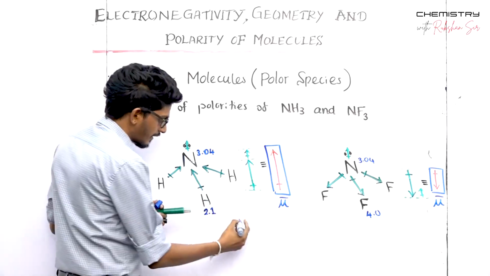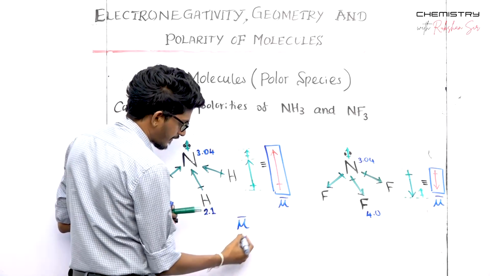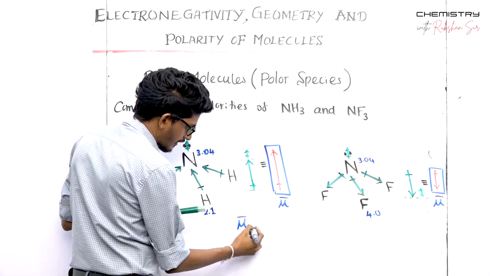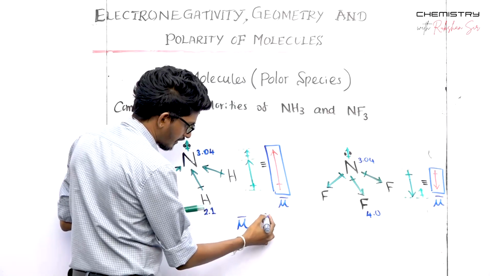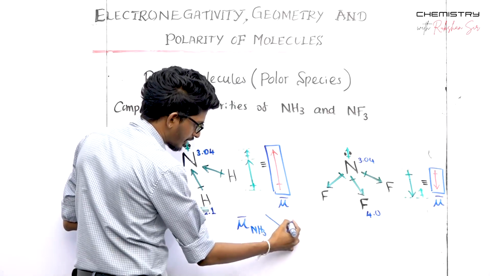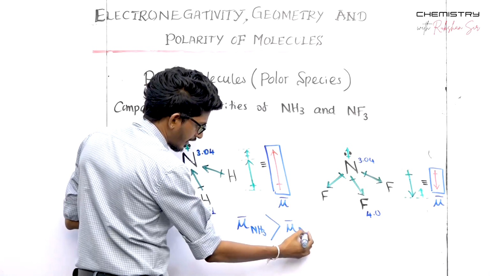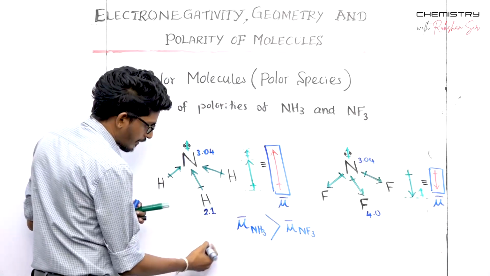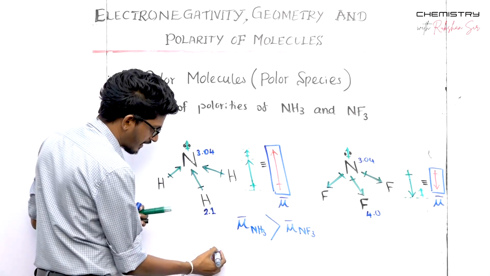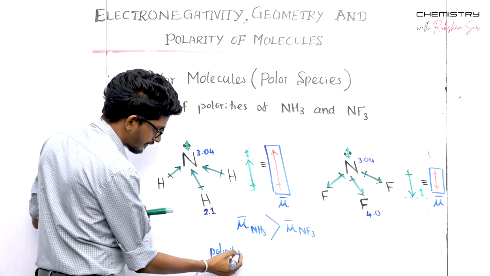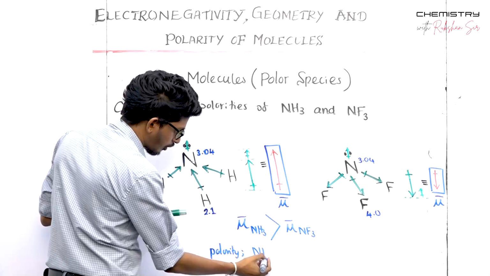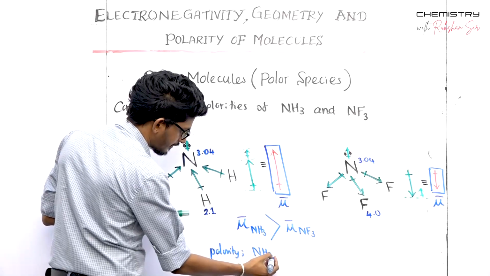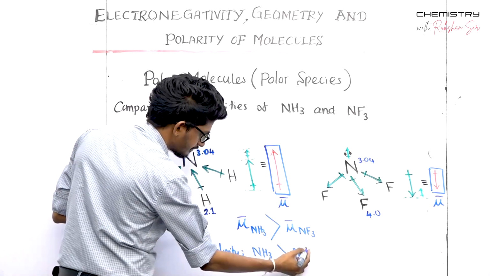So the net dipole moment of NH3 is larger than the net dipole moment of NF3. So we can say the polarity of NH3 is greater than the polarity of NF3.